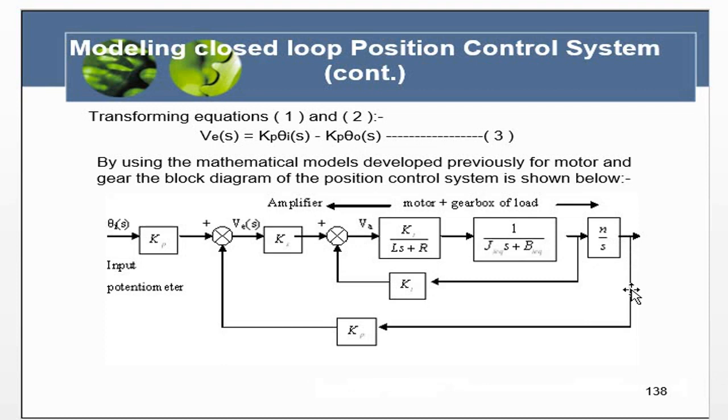This is theta_OS, and this is theta_O. This formula we get from the previous formula. From this block diagram we can see the relationship with the other parameters and then the effect on the whole system.